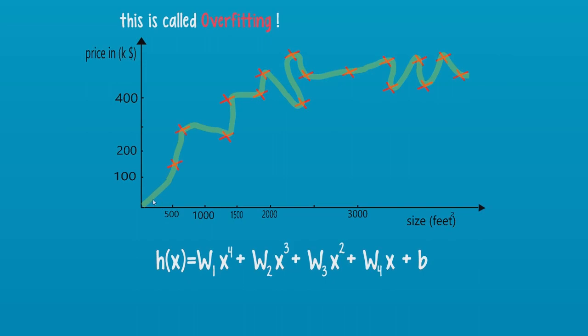You can see here that the given function, because we have terms up to x to the power of 4, fits the data exactly. So it fits the training data not just well, it fits 100%.